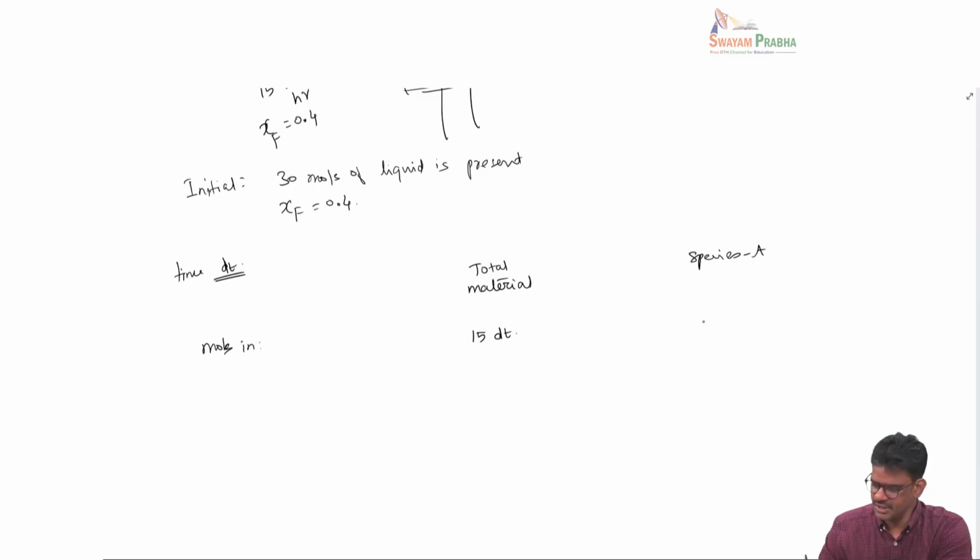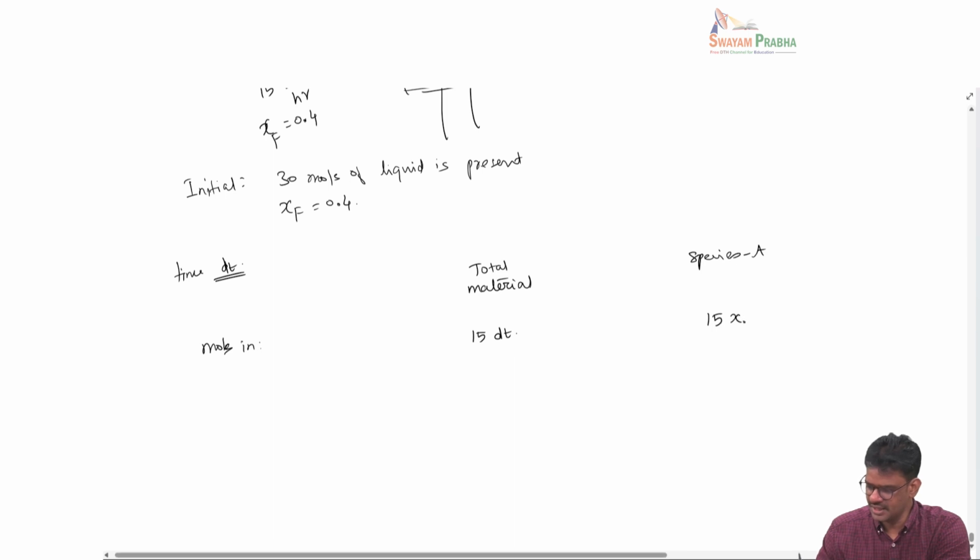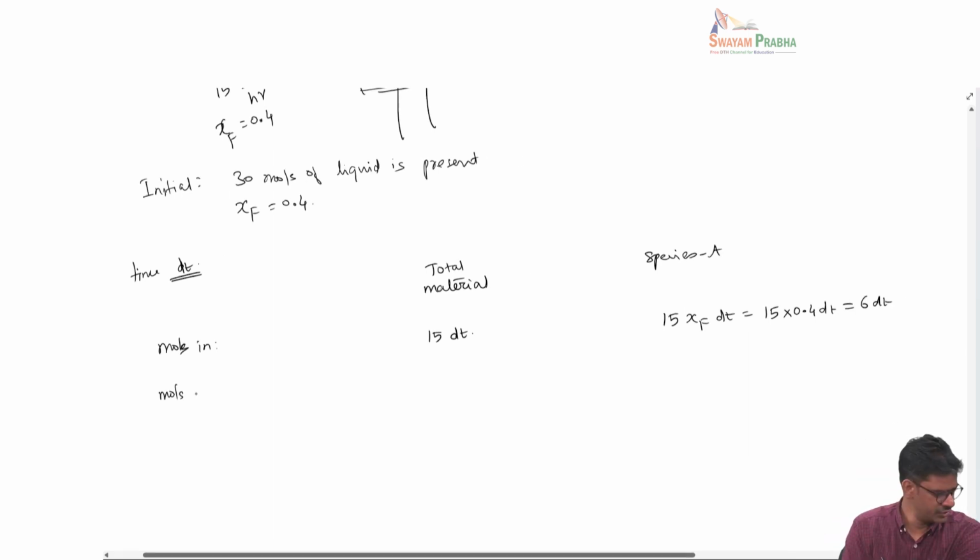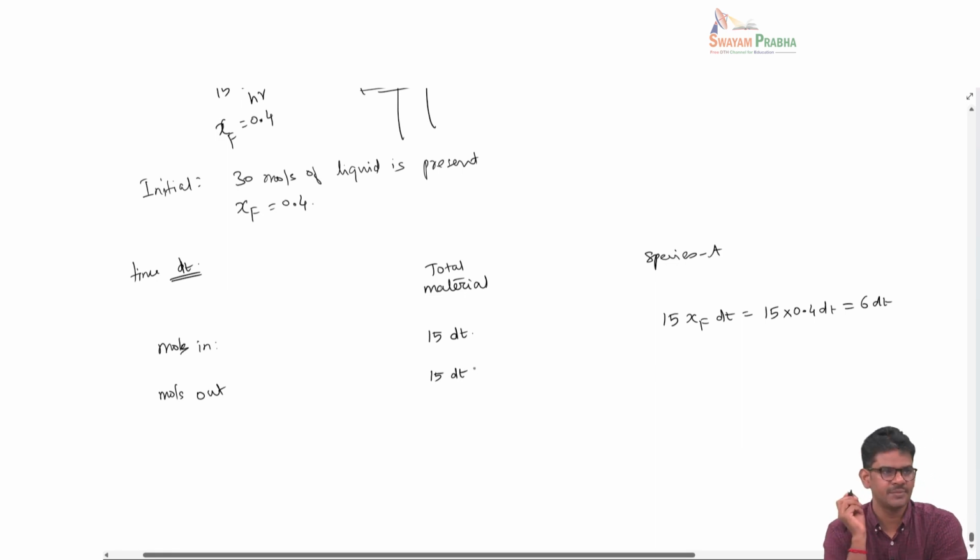For species A, this would be 15 times xf dt, and we know xf, that is 0.4. So this is actually 15 times 0.4 dt, which is nothing but 6 dt. And then moles going out. The moles that are going out as vapor from the system are also at the same flow rate. So we say 15 times dt.